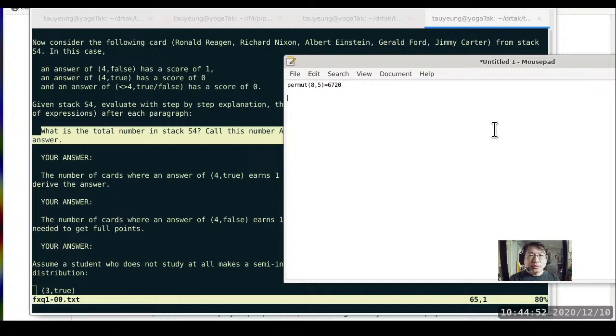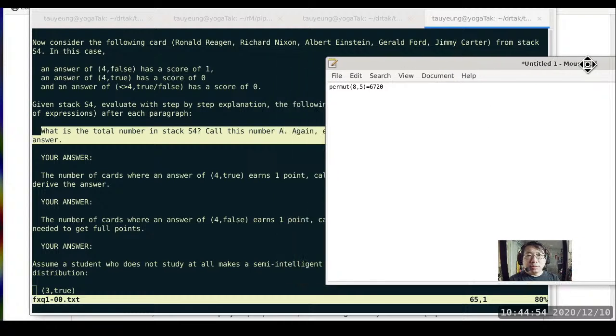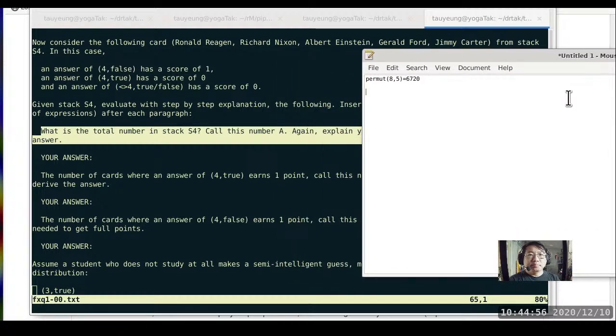Okay, so let me try to explain what I mean by that. Let's say that A, B, C, D represent presidents, and then 0 represents the non-president. So now we have A, B, C, D, and then the non-president can be anywhere. It can be here, it can be here. I'm not even changing the ordering within the presidents. I'm preserving the ordering within the presidents.